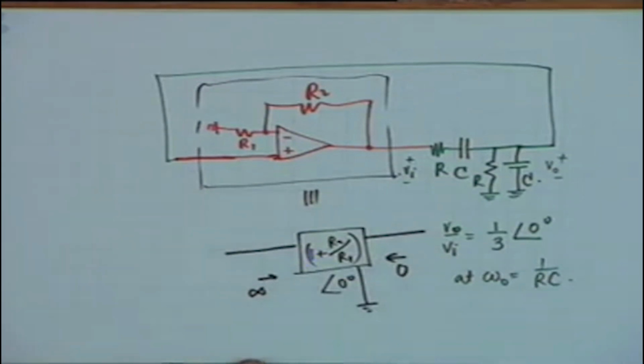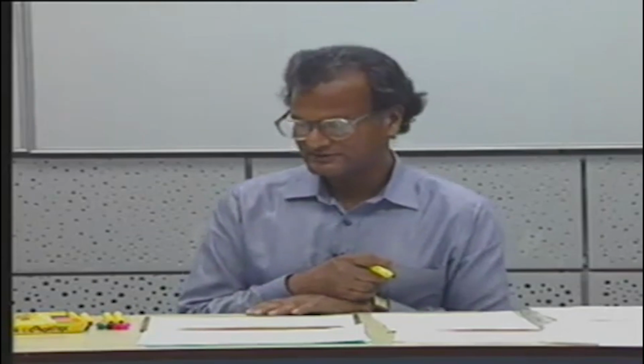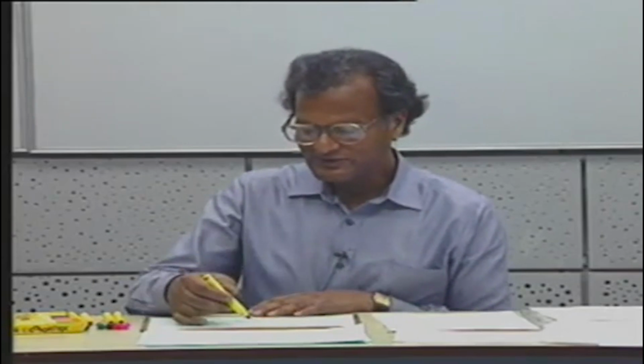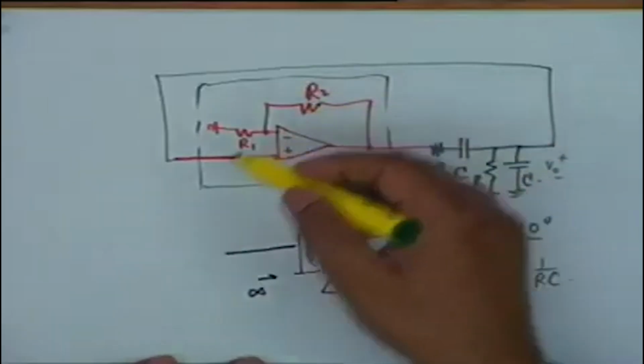Alright. No under root. Under root in the case of LC circuits. In the case of RC circuits, no under root. Omega 0 is simply the inverse of the time constant. Now can you tell me what should be the value of R2 in relation to R1?